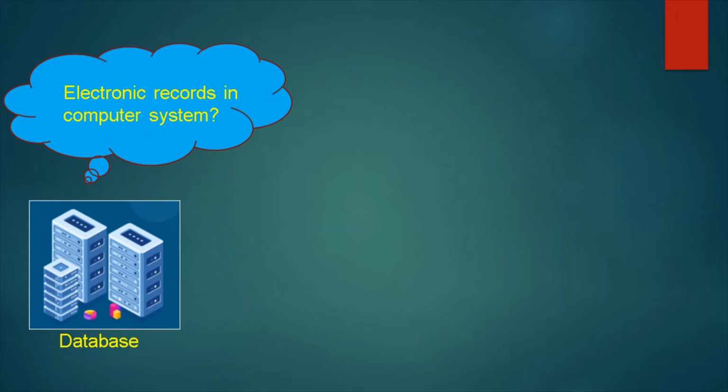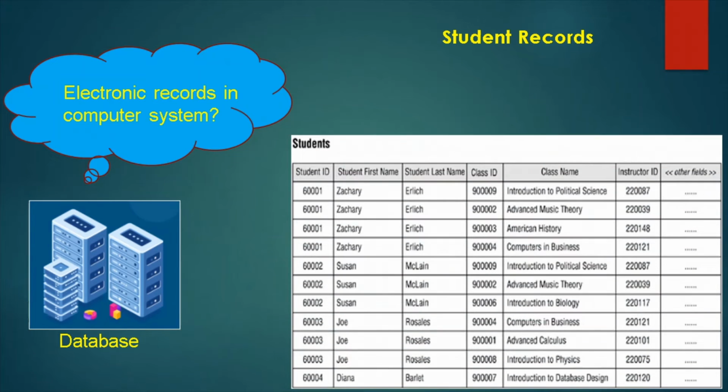Electronic records in computer system. How? Let's say, for example, a student records. There will be an organized table for student records.